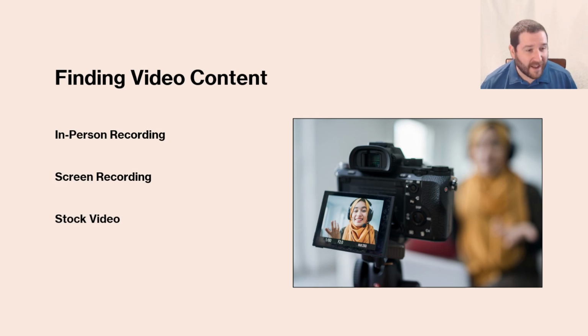Chances are there's a stock video for it. This is just essentially kind of random footage of different topics. So we'll take a look at some stock video libraries, but there's a lot there that we can utilize, and a lot of it we don't even have to cite, which is what's nice about the stock videos. But we'll talk about the licensing and that sort of thing here in a second.